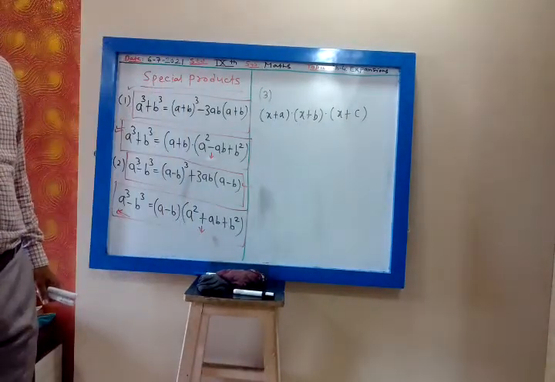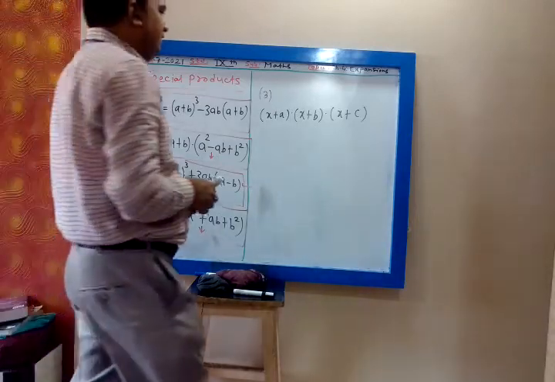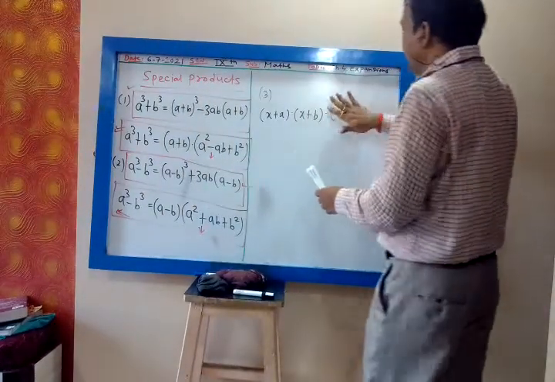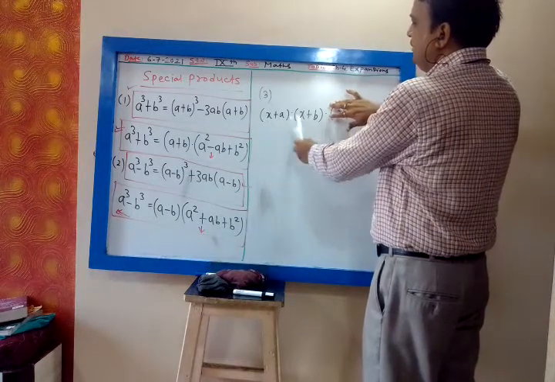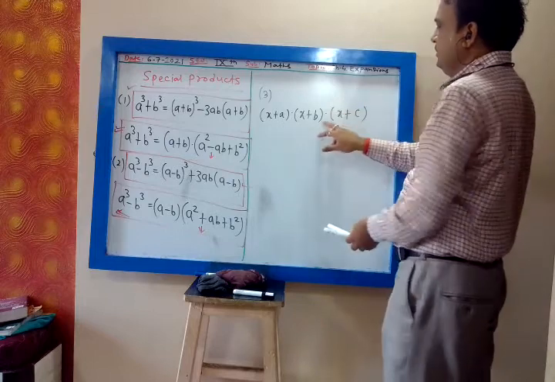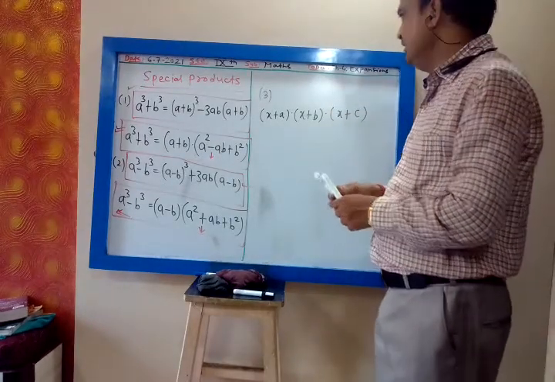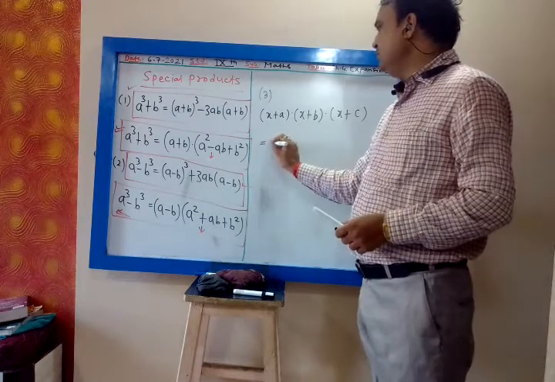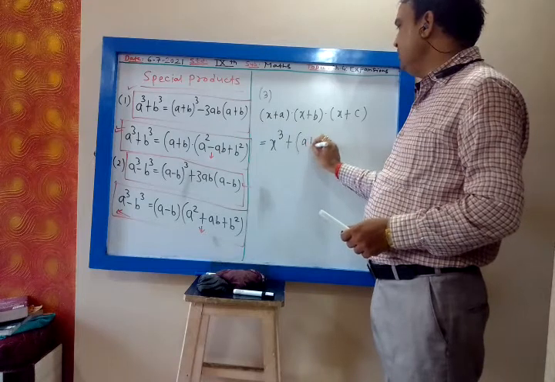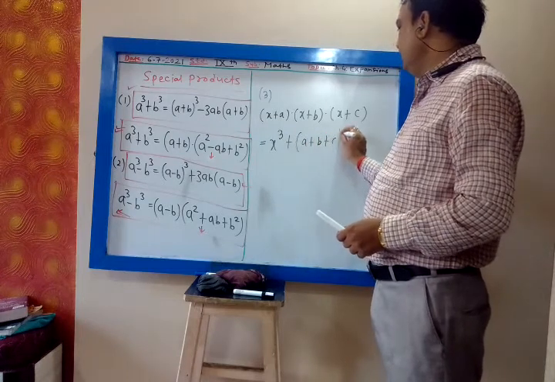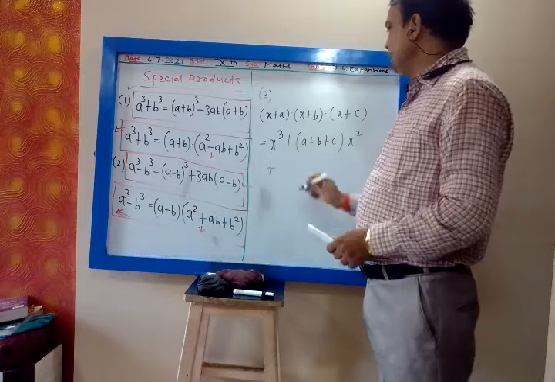We have seen already, if there are two factors, then it is x square plus (a plus b) into x plus ab. But if there are three factors, (x plus a) into (x plus b) into (x plus c), then the formula will be x cube plus (a plus b plus c) into x square.